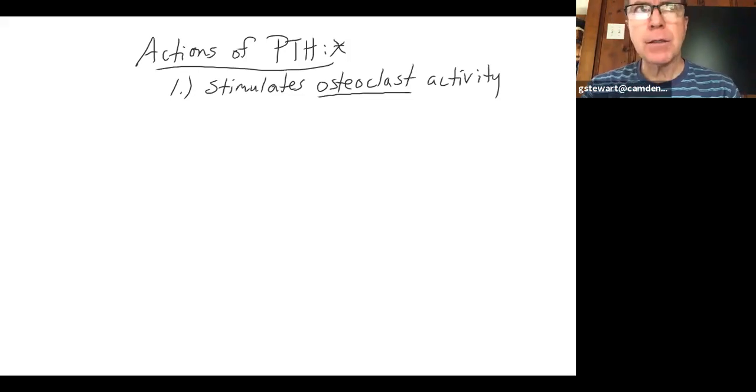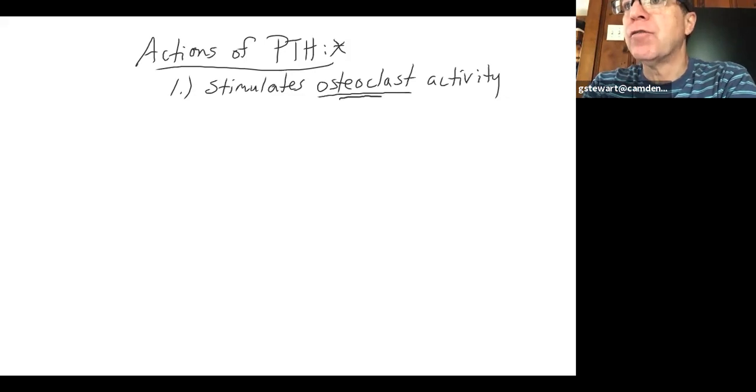We have all this calcium stored in our bones, but we can't use it unless it's in our blood. So it's sort of stored in our bones under lock and key, and these cells that degrade or dissolve bone tissue unlock the calcium from the stored form in our bones.